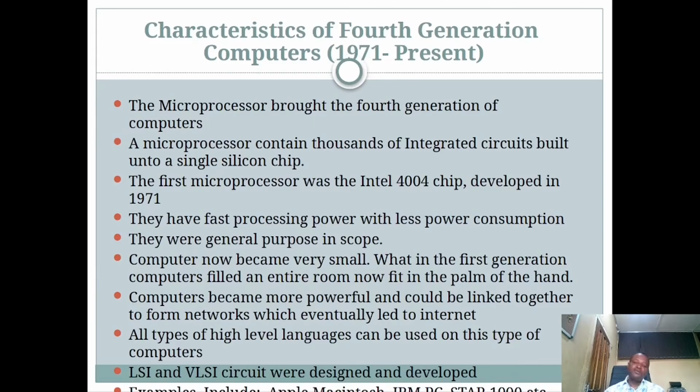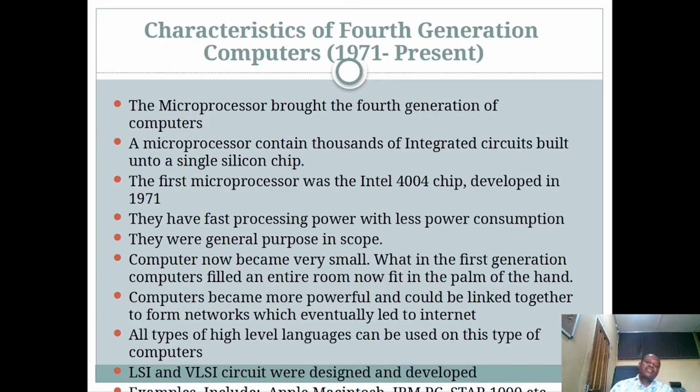Please, you have to take note of the year range that this computer system emerged, the technological components of this computer system, and the features this computer system had. At least these points would be considered important when you are trying to talk about generation of computers.